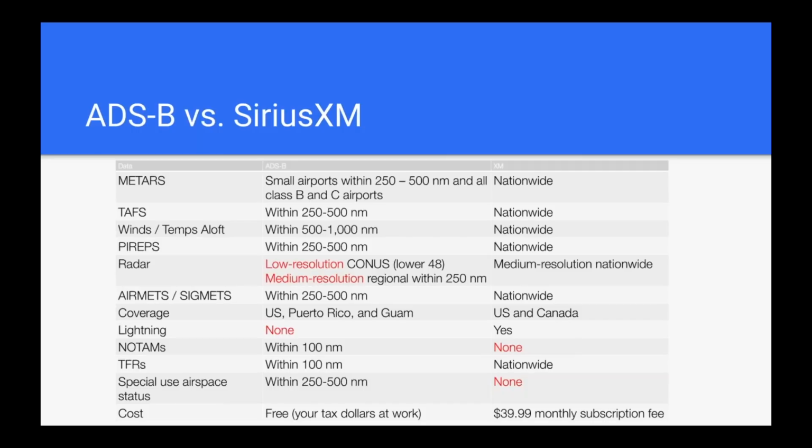The FAA has talked about adding satellite imagery and lightning and some other weather products. That's supposed to be coming in the next 12 months, but you know how that goes, so I wouldn't exactly set your watch by that. But these things are not fixed. ADS-B should be adding some products. The folks at SiriusXM are also always thinking about adding products, so this is dynamic.